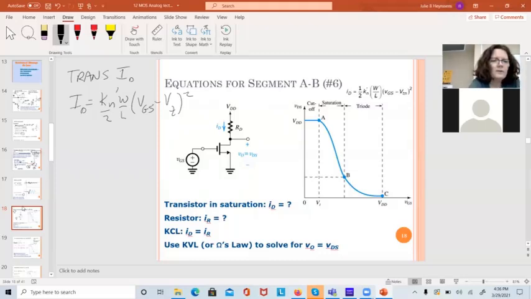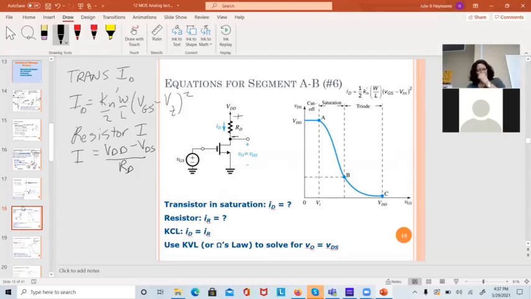The equation for the resistor current: I is going to equal the voltage drop across the resistor, which is VDD minus VDS, or V out, over RD.